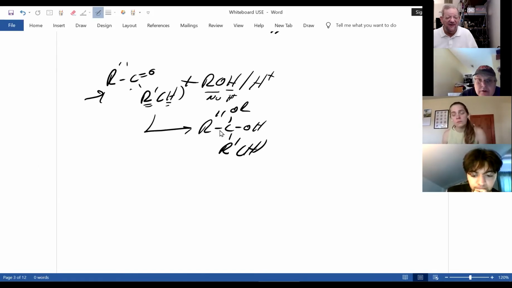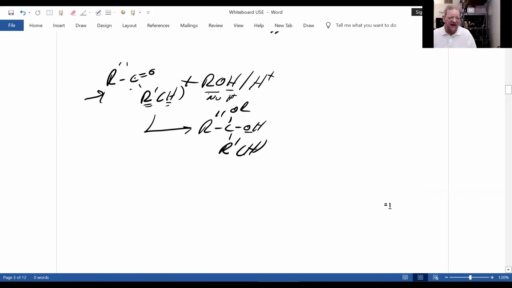And see how the H plus goes to the oxygen and the Nu goes to the carbonyl carbon on that, Thomas? And that's why I had that earlier in general, to give you an idea of what's going on when we first started talking about it. So here's the general reaction, but I'm going to let you try one.